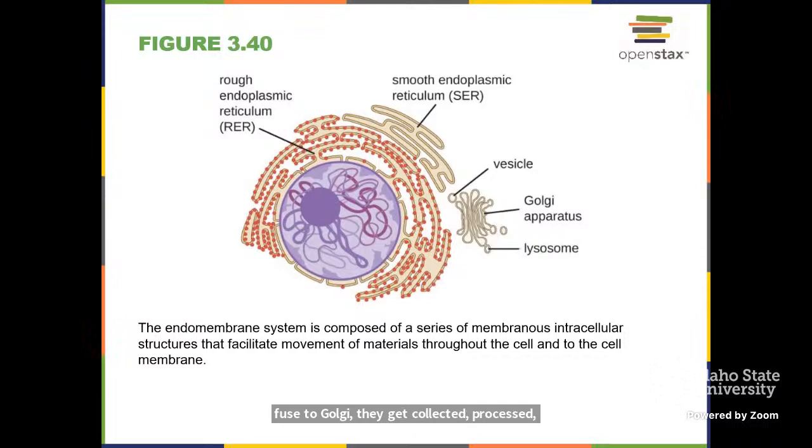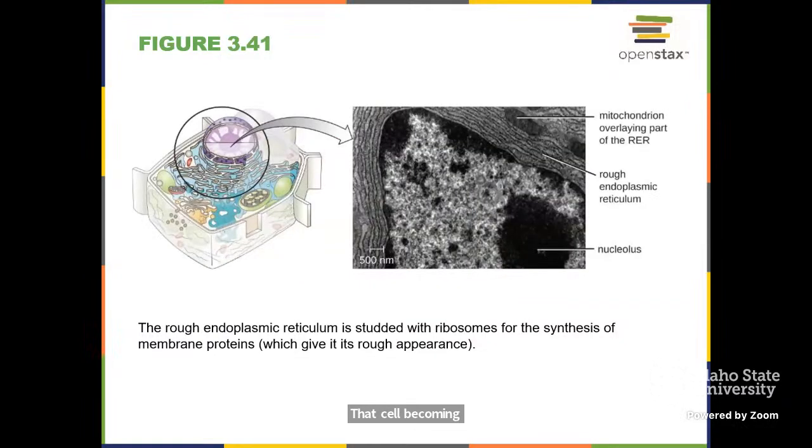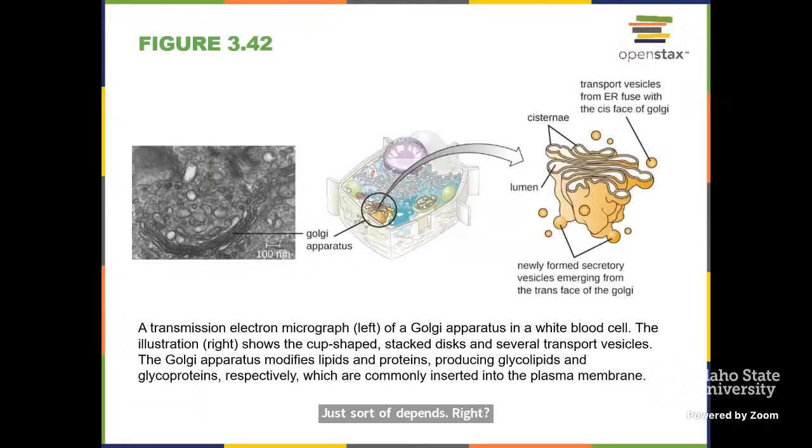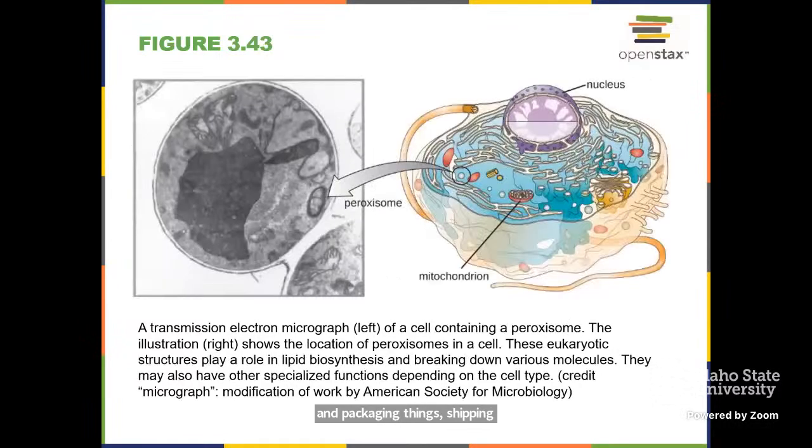In another vesicle, maybe becoming a lysosome full of digestive enzymes, or maybe going to the membrane of that cell, becoming receptors or other proteins studded on the surface. Just sort of depends, right? So Golgi truly processing and packaging things, shipping them through as we move along, all right?